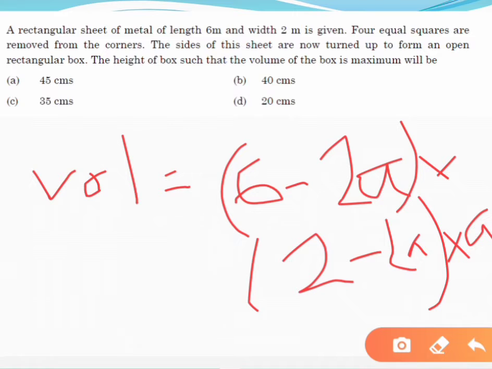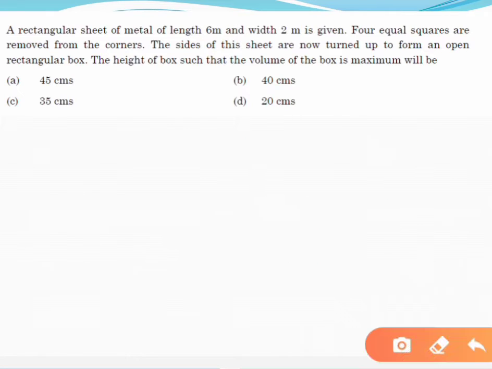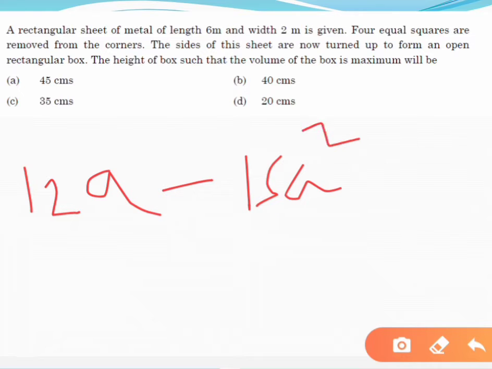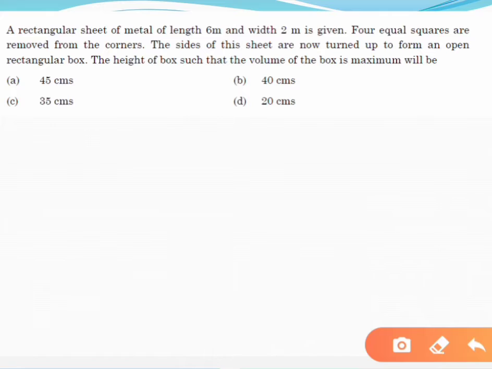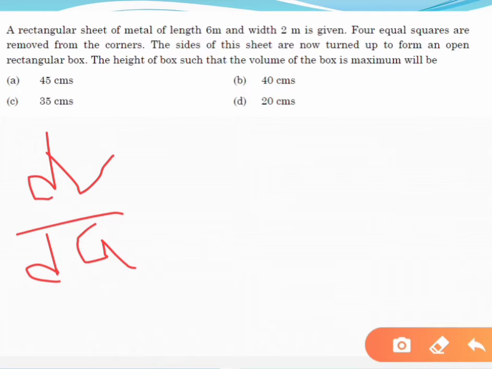Then the volume will be 12A minus 16A square plus 4A cube. Now as we all know, for maximum volume dV by dA will be equal to 0.